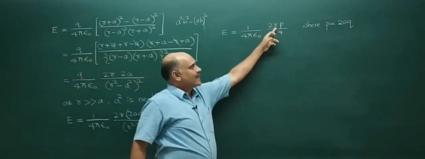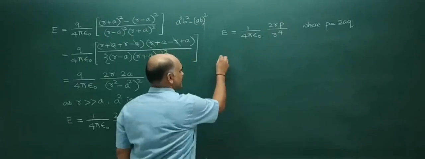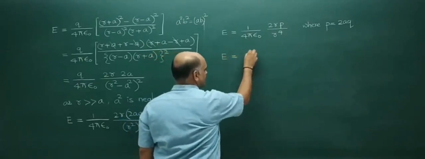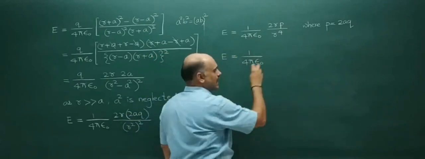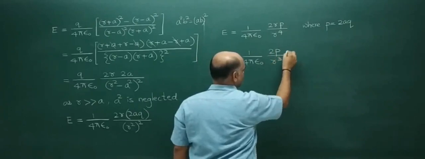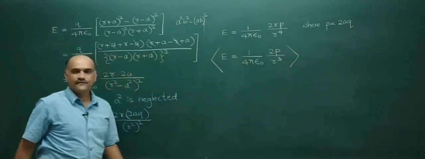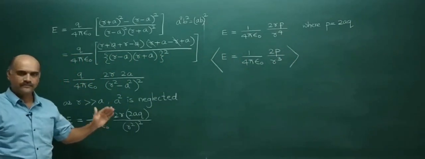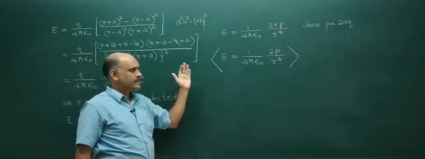Now here one R gets cancelled and that is our final expression. So electric field E is equal to 1 by 4 pi epsilon naught, R gets cancelled, you will have 2P by R cube. So this is the expression for electric field due to a dipole at a point on the dipole axis.